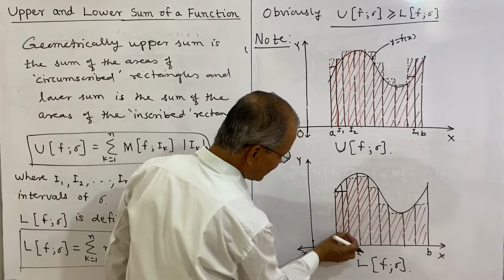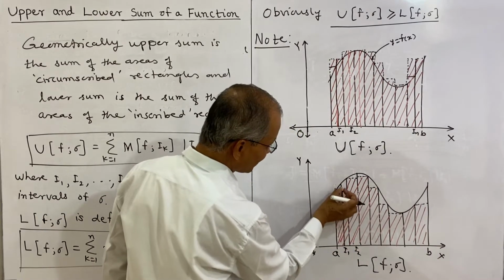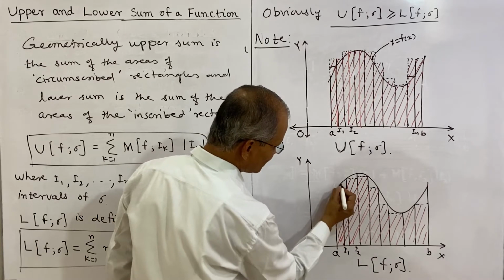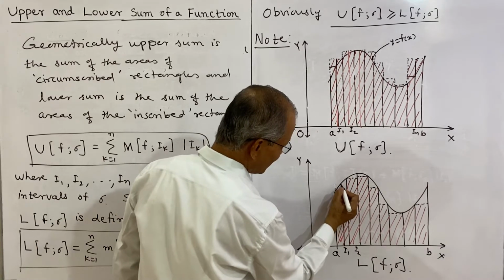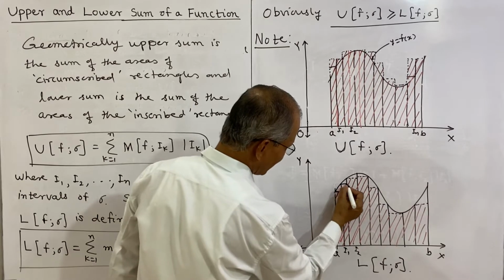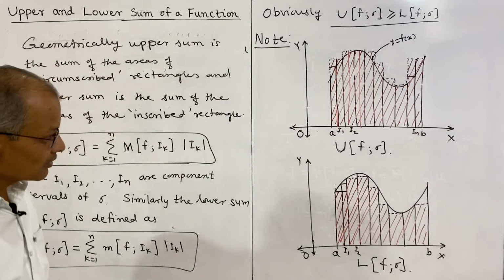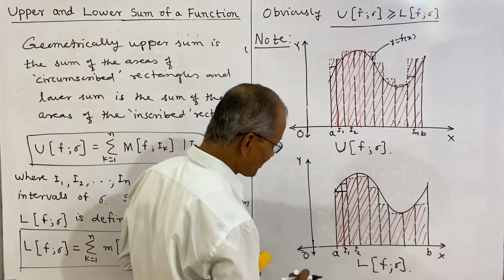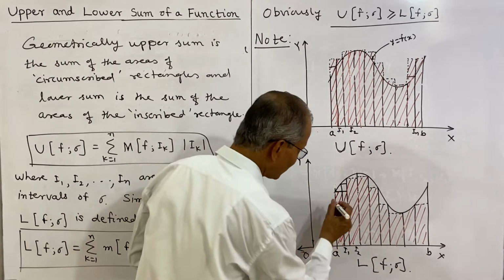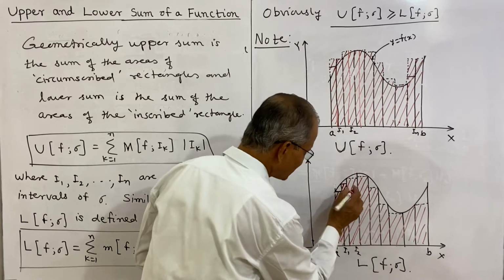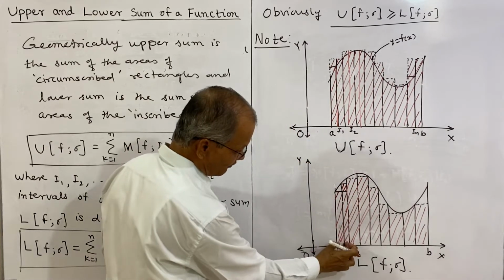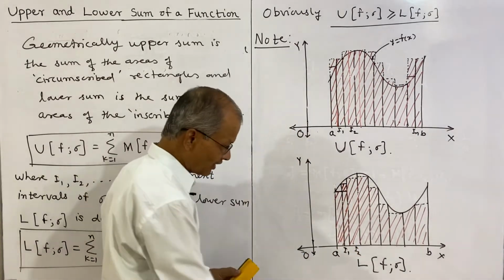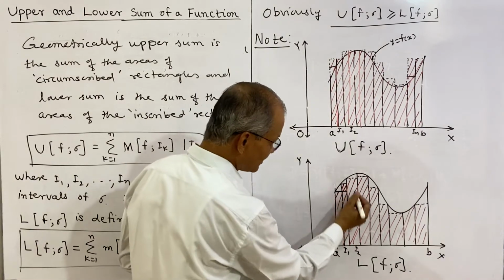But for the second interval, the minimum value occurs at this point, and therefore we have to consider this value. So this part will be added if we take the refinement. This is added if we divide I1 in two parts, and this happens for each.